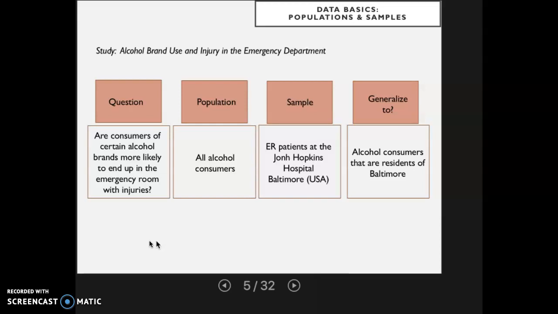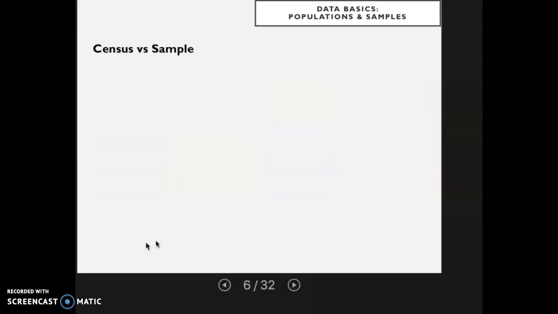So if there is a particular brand that is especially dangerous and favors accidents that take people to the emergency room, this particular data set does not allow recommendations that are general for the entire country, for the entire world. The recommendation should be more local, right? Applicable to residents of Baltimore only.